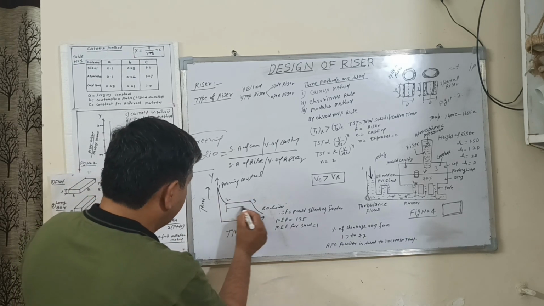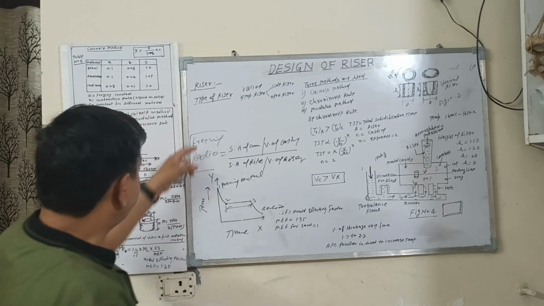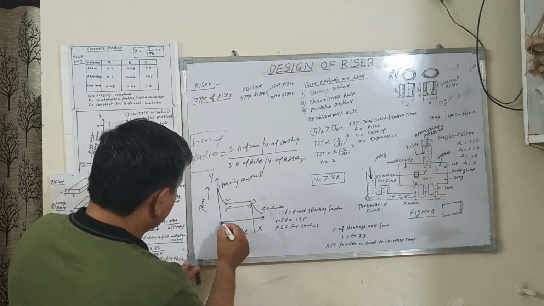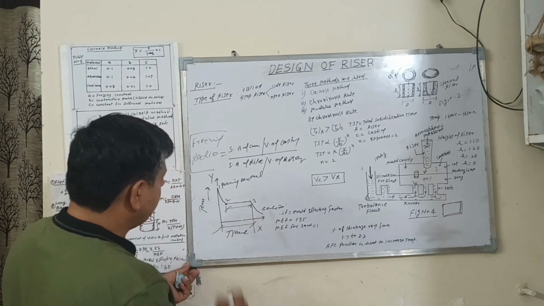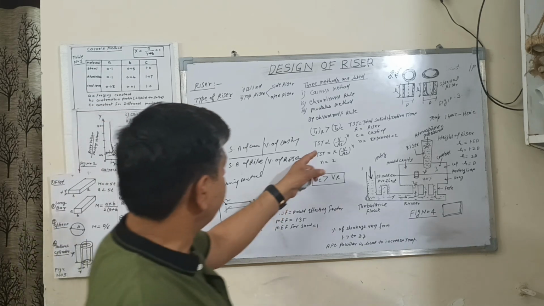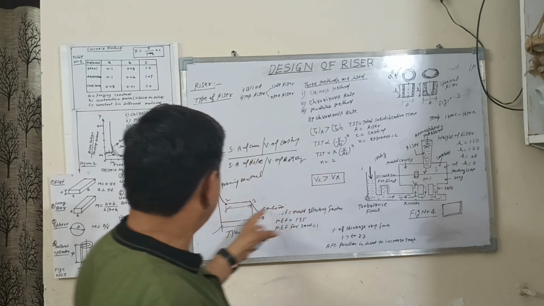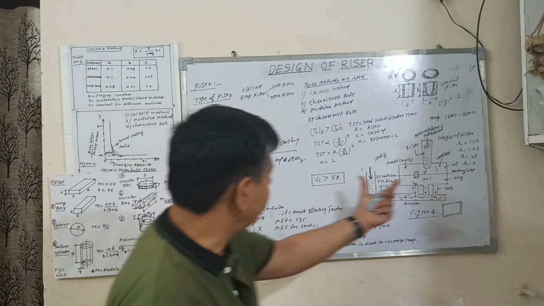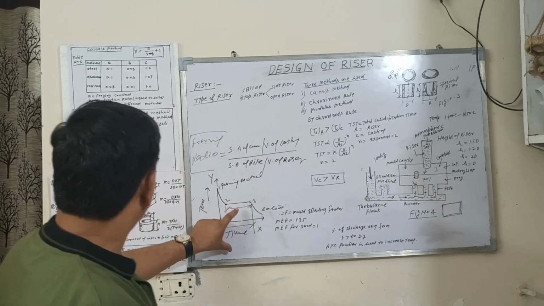The distance between the two points is called the freezing ratio. From point A to 3, this is the total solidification time. You can draw this figure, the cooling solidification curve. This is the cooling time.